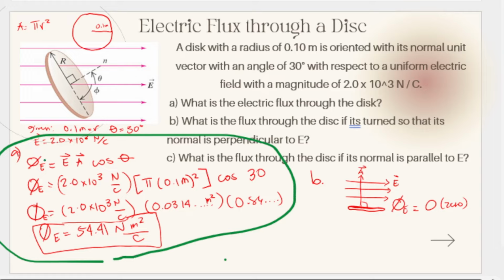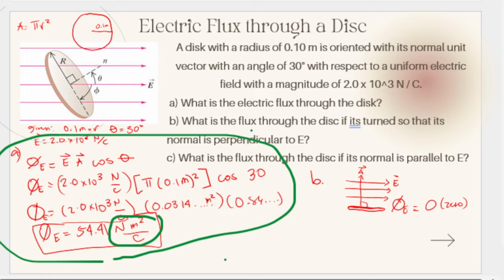So vector E, vector A, cosine theta. 2.0 times 10 raised to 3 Newton per Coulomb. Then your A, which is the pi r squared, the area for a disk, circle. Then we have cosine 30, which is the angle between your E and your A, or your electric field and your A. So when you solve that, it will be 54.41 Newton meter squared over Coulomb. That is the unit of our flux, Newton meter squared per Coulomb. Okay, so that is our electric flux through the disk.